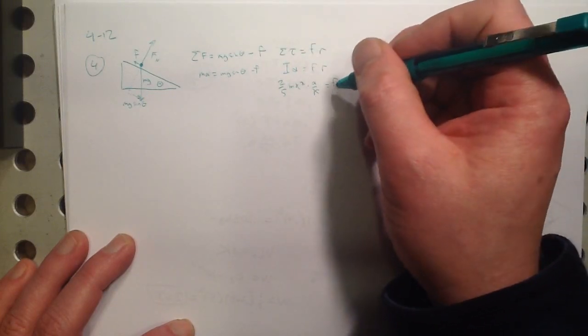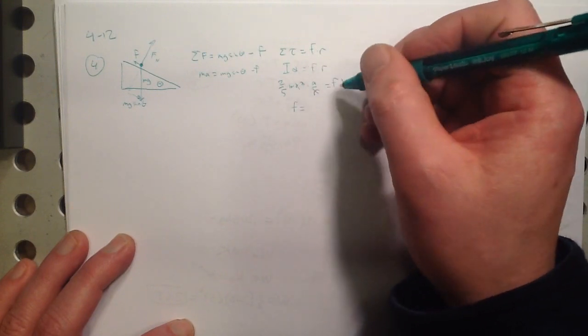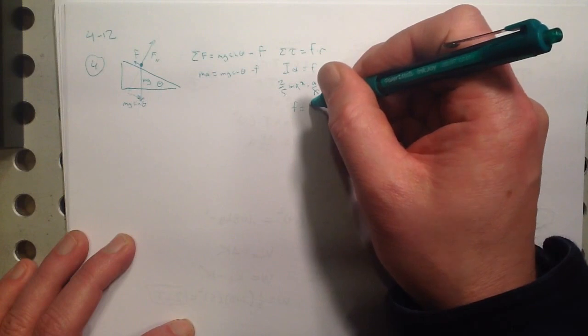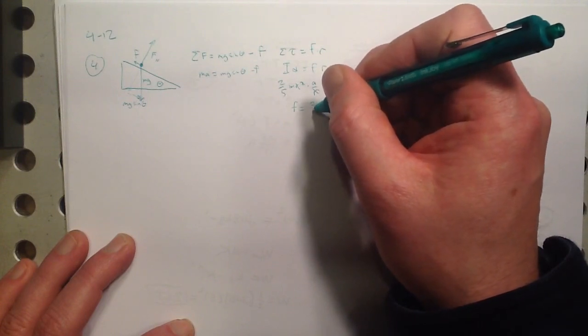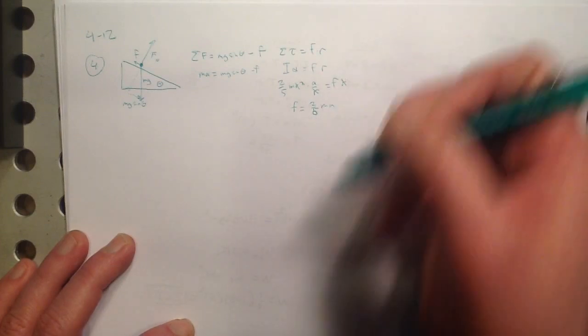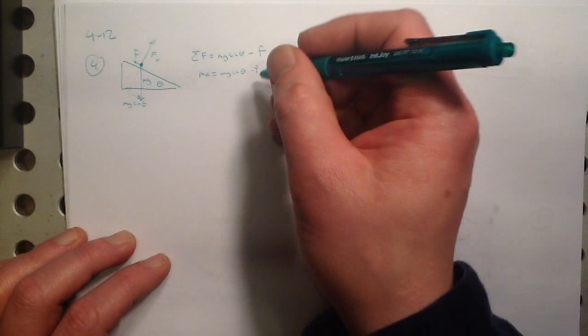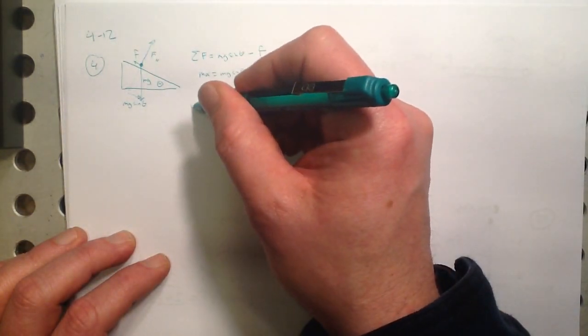So that force of friction is equal to 2/5 ma. Right. So back to here.